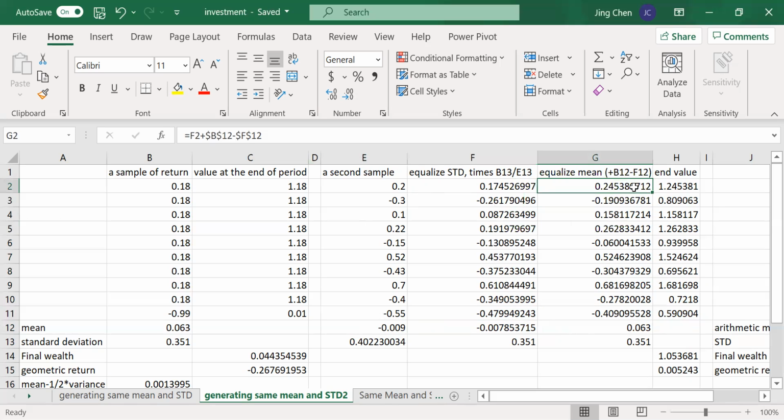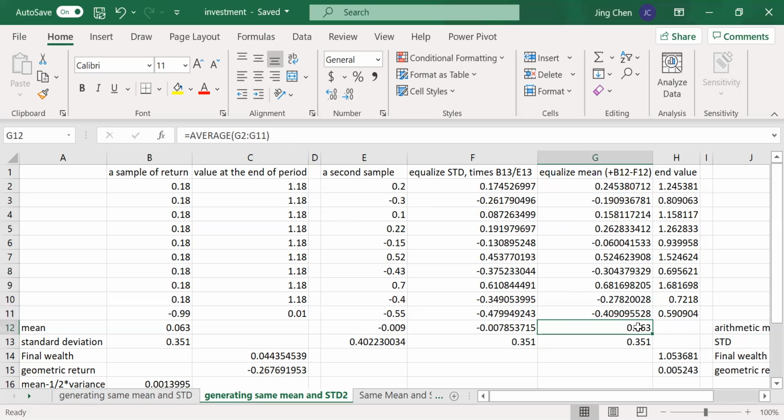So we can check here. Any number, we add that mean from the first one and subtract this, let's say, modified second one. So now we get the same standard deviation and the same mean.